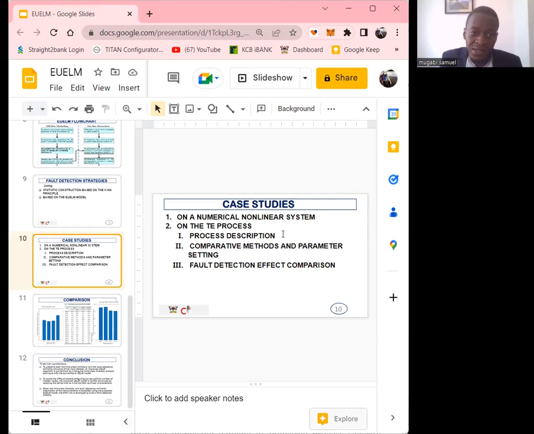And in all these case studies, we had a process description, then the parameter setting, and after the parameter setting, we had the fault detection effects comparison. We shall look at the comparison of the two case studies.